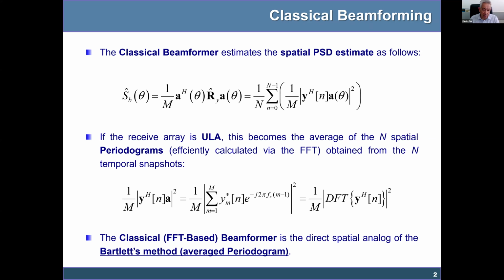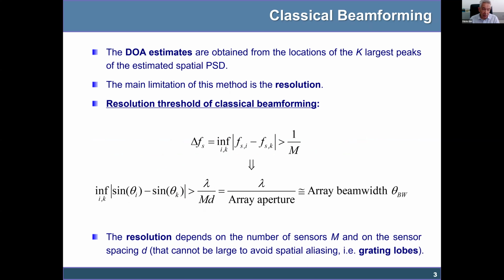So we can estimate the angular or spatial power spectral density. And the estimator that we obtain by using the classical beamformer is basically the equivalent of the Bartlett method, so it's basically the average periodogram.